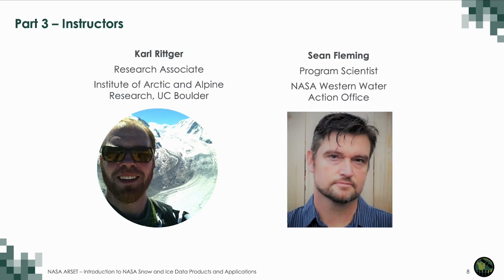His research areas include mapping snow and ice at a spatial scale suitable for mountainous terrain and large-scale, physically based distributed modeling of snow. Dr. Rittger leads the Snow Today team at the National Snow and Ice Data Center, providing real-time information for users. He is a MODIS and VIIRS Land team member and executive board member of the Snow International Working Group and participates in multiple NASA working groups on snow.